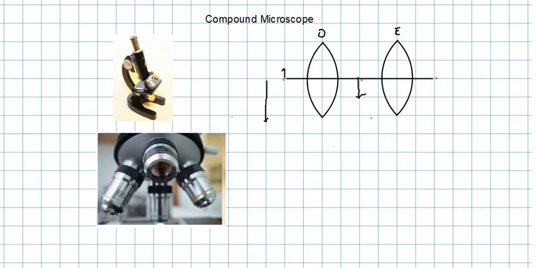Remember that the function of the eyepiece is only to magnify the intermediate image, and the function of the objective is to collect light coming from the microscopic object. The smaller the focal length of the objective, and also the larger its diameter, the more light it will be able to collect, and hence it will be able to produce the intermediate image for the eyepiece.